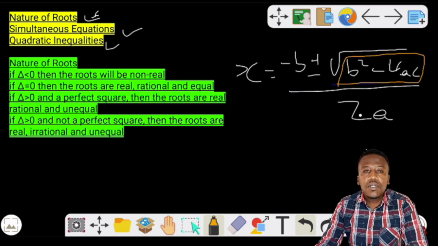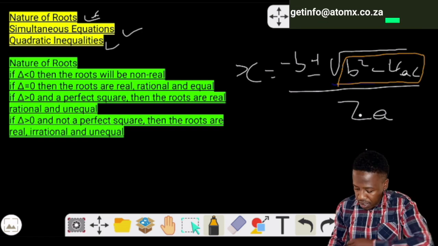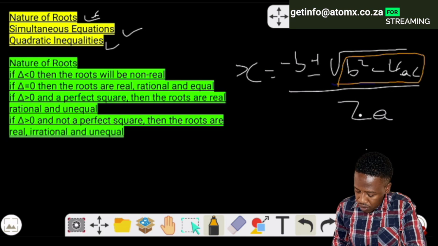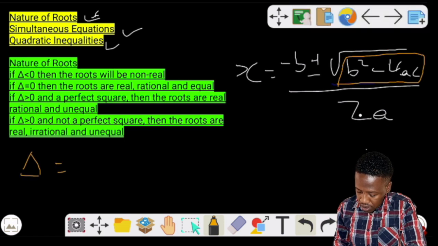Finding the nature of roots is basically trying to find the type of roots your x should be. Like I said, we call this number the discriminant, which is notated by delta. So we say delta equals b squared minus 4ac.